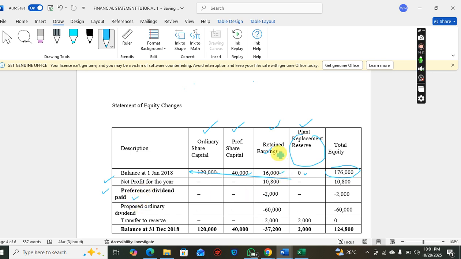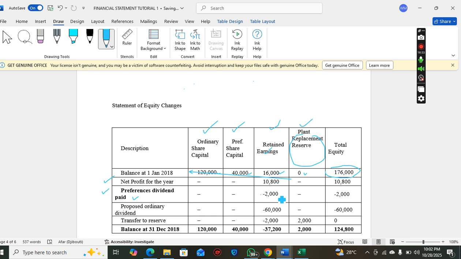That's why you have seen a minus here, minus 2,000, because from our retained earnings account, we removed the 2,000 to pay our preference shareholders.